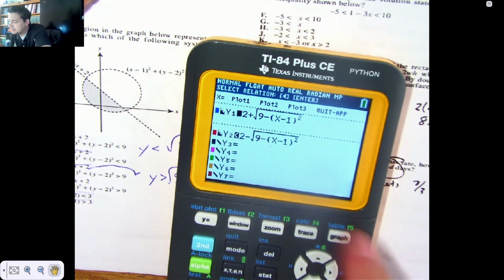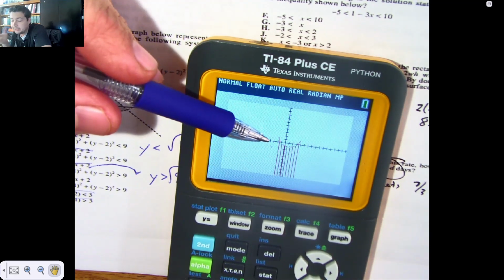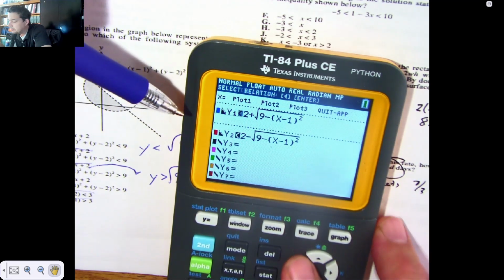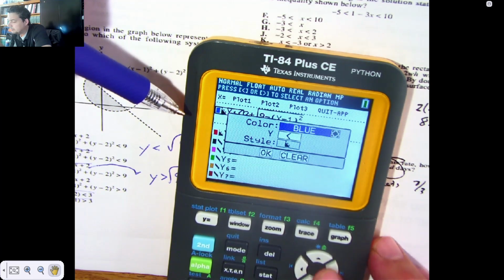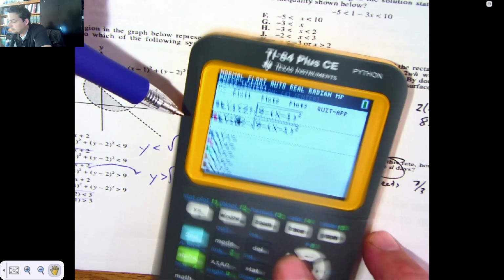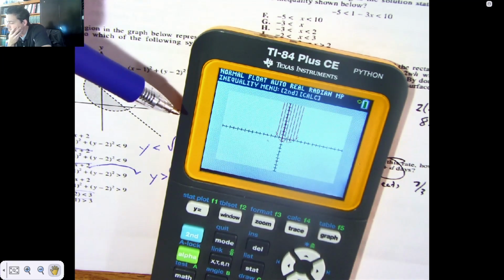A less than symbol shades outside. And I had to check this because I hadn't done it for so long. But a greater than symbol should shade the interior.